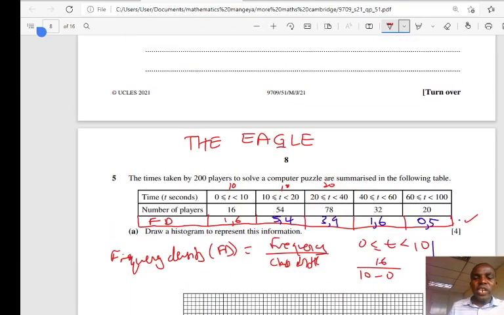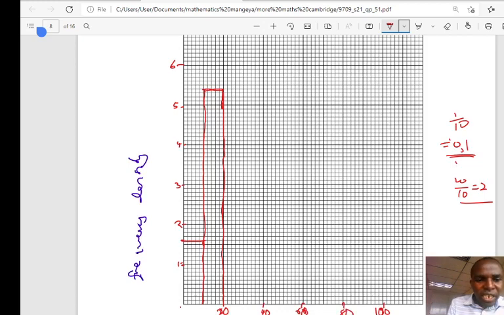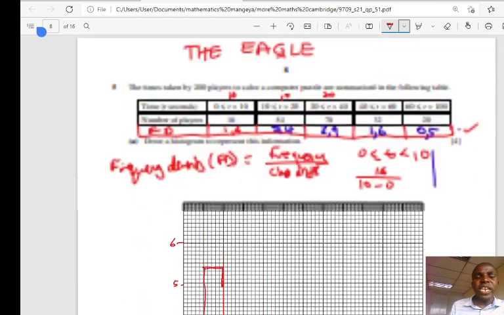Next, 20 to 40 is 3.9. 3 here, point 1, 2, 3, 4, 5, 6. Just subtract 1 box from 4, and that will be 3.9.